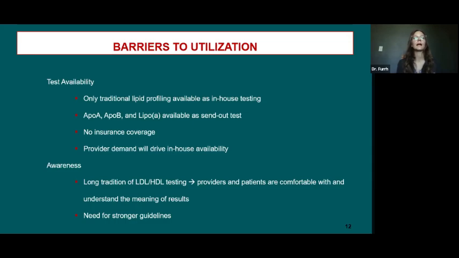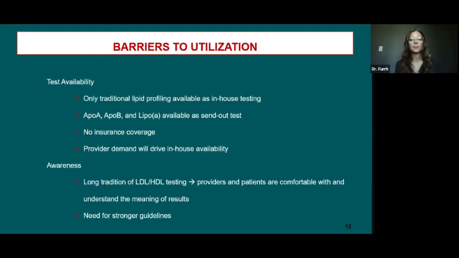Also, we have looked at the very weak guidelines in the US, and we all know that insurance likes to hang on to official guidelines. They hold providers accountable. They want them to practice according to guidelines. So these most advanced tests, ApoA, ApoB, and lipoprotein A, are not typically covered by insurance at this time.